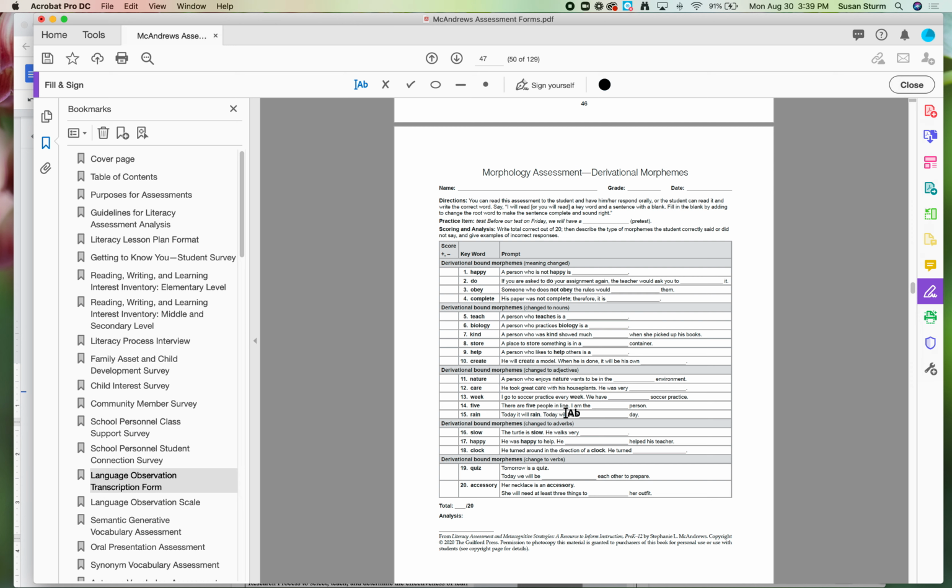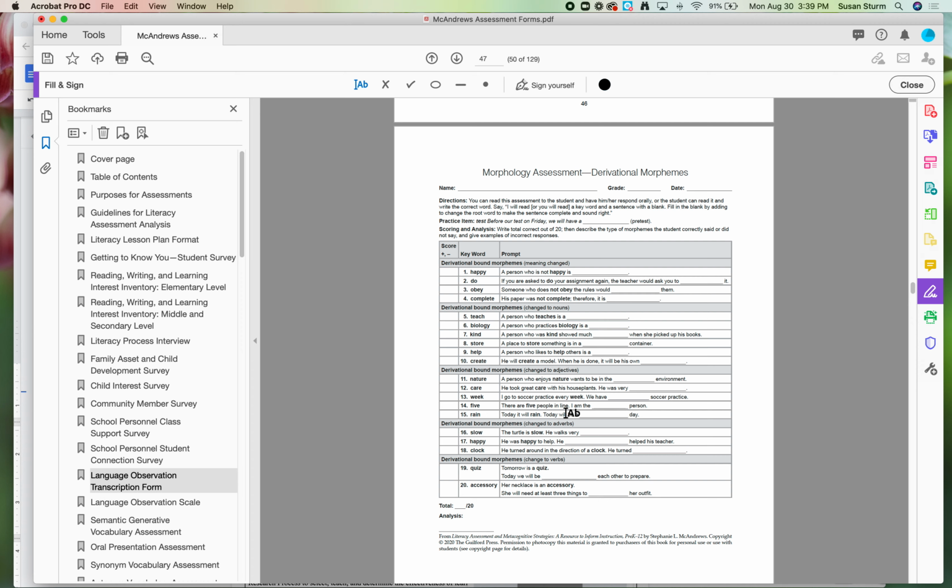If you have a student who needs to be challenged in this area, who seems to be bored with what they're doing in school, who's accelerated or could be gifted or talented, this would be a great assessment to give them. This can be read to a student who responds orally, or you can have the student read it and write the correct word.